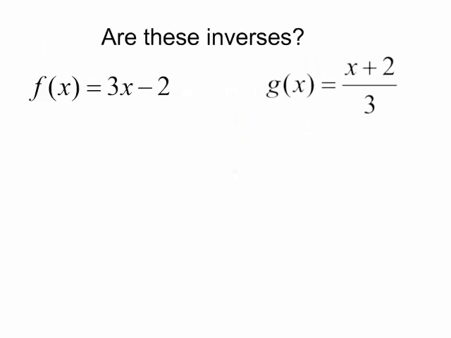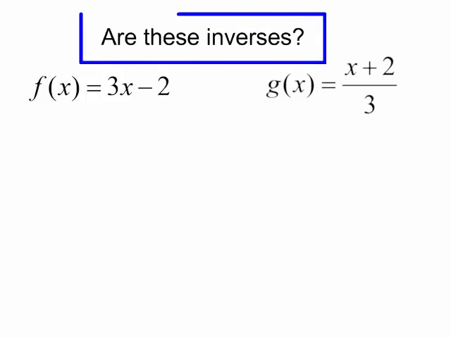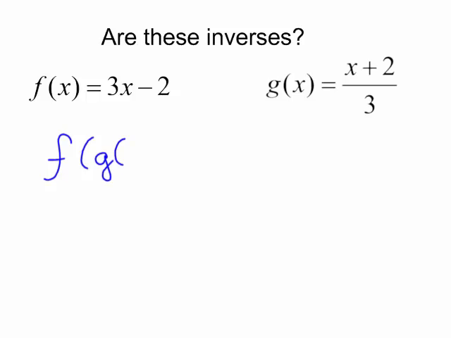I have the functions f of x equals 3x minus 2 and g of x is equal to (x plus 2) over 3. The question is, are these inverses? I first want to evaluate f of g of x.